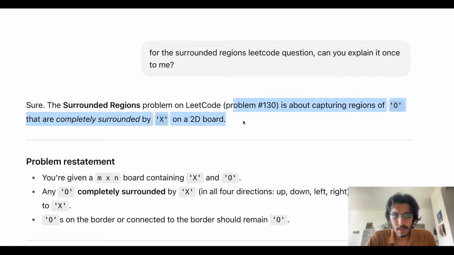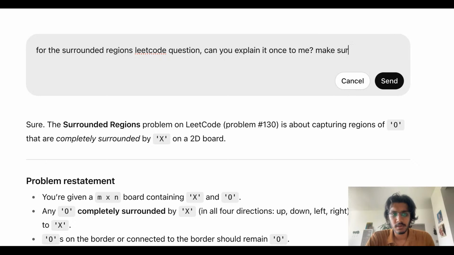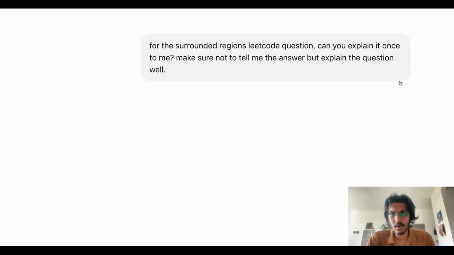Remember, zeros in all 4 directions, up, down, left, right. Make sure not to tell me the answer, but explain the question well.